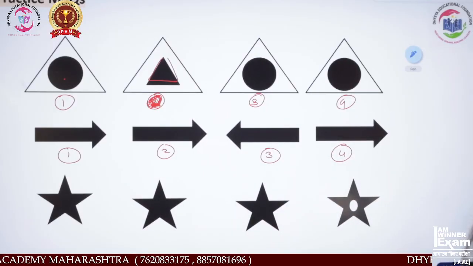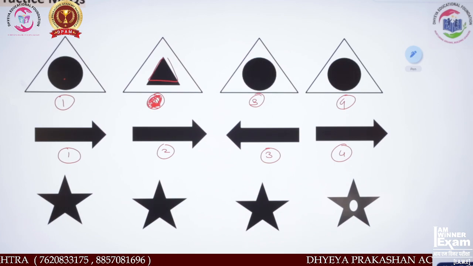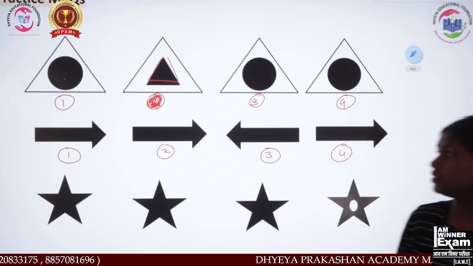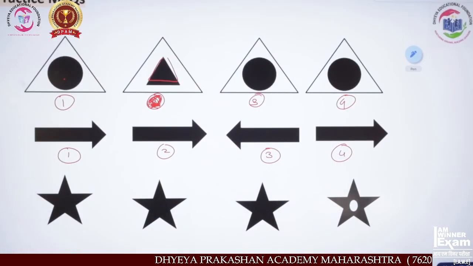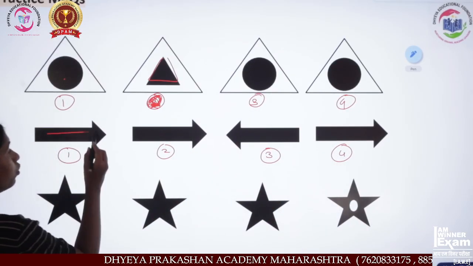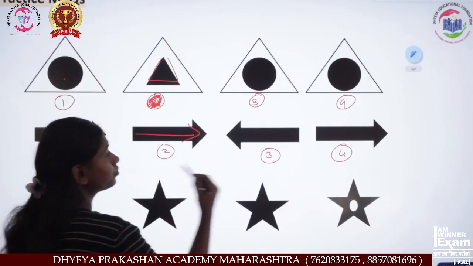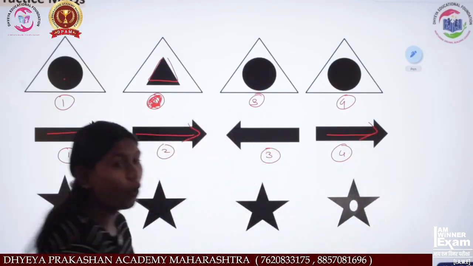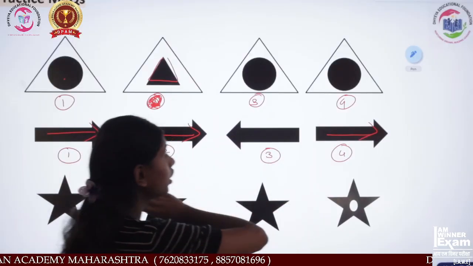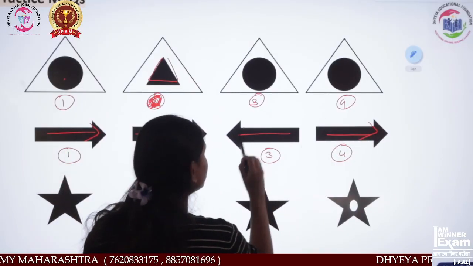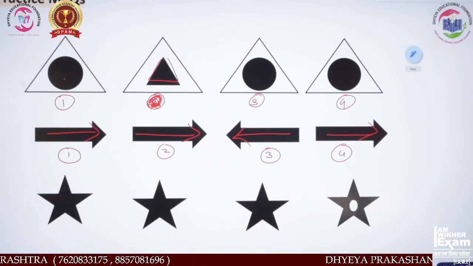Now, which figure is different here? That is the third figure. Now, why the third figure? Because all the arrows have the face on the right side, but the third one has the face on the left side.